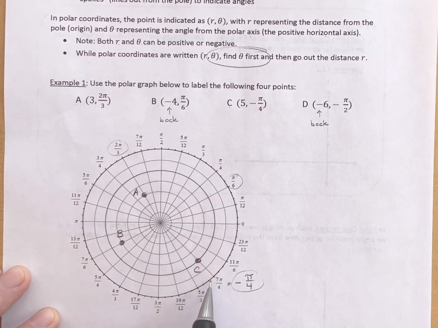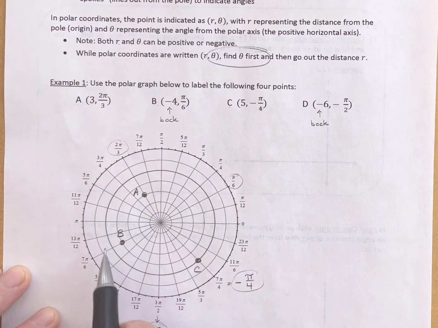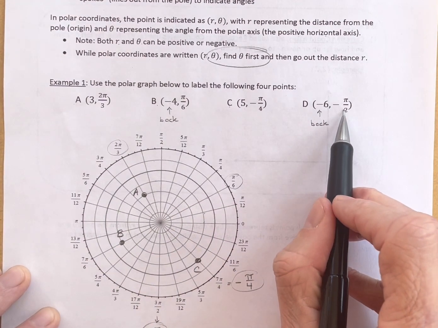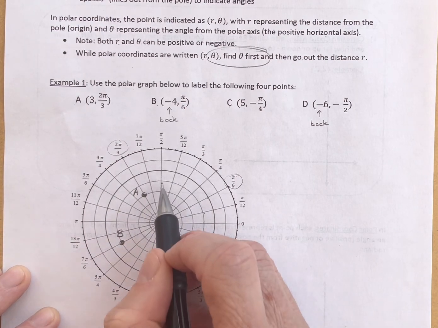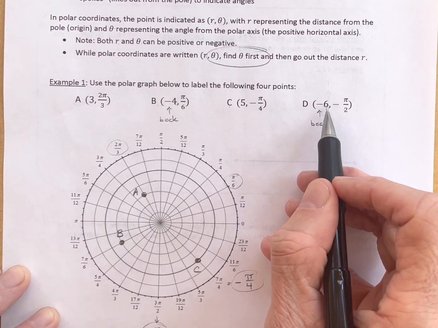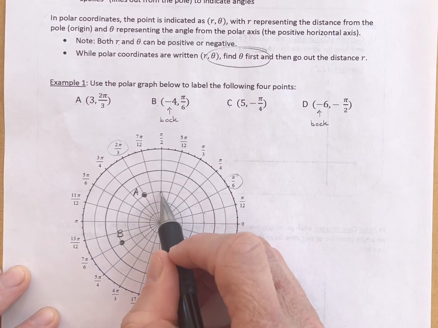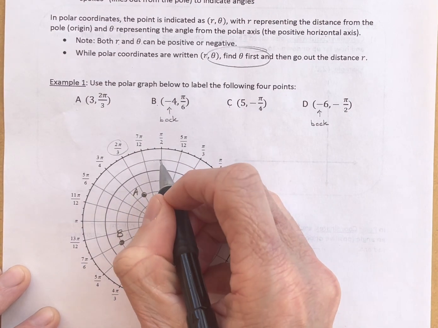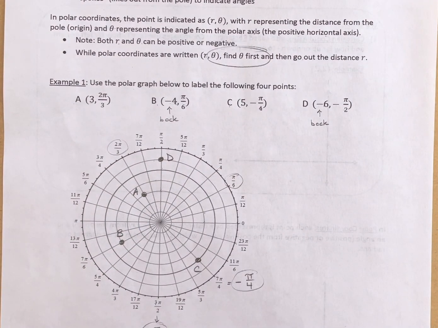So from here, we'll go negative pi over 2, which is the same as 3 pi over 2 in the positive direction, in the standard position direction. So our angle of negative pi over 2 is here. So we're on this vertical spoke, and we want to go back 6. So we start here, we go back 6. 1, 2, 3, 4, 5, 6. And right there is the point D.